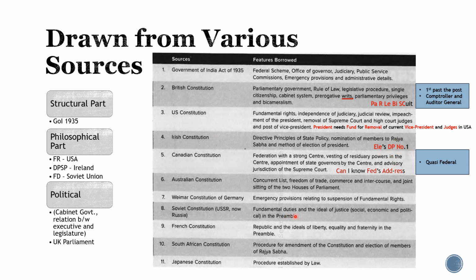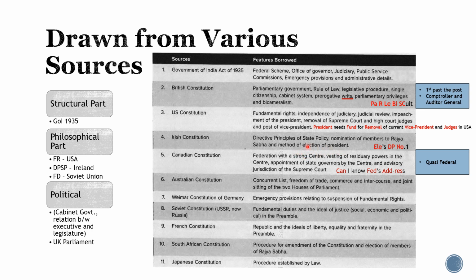Nomination and election of the Rajya Sabha members, how they are elected, is given by the South African Constitution, and the election of the president is given by the Irish Constitution.